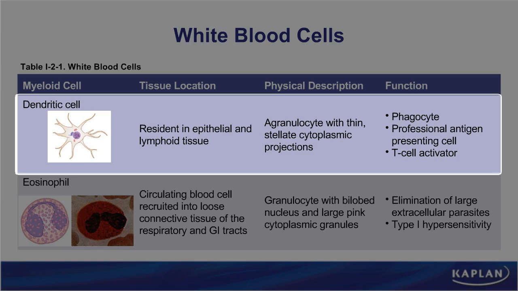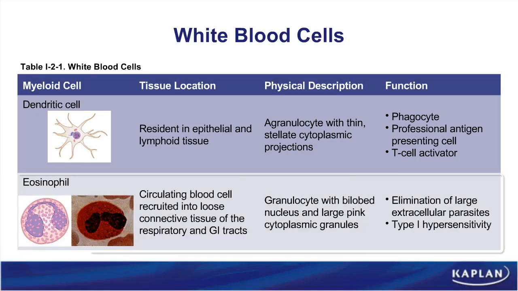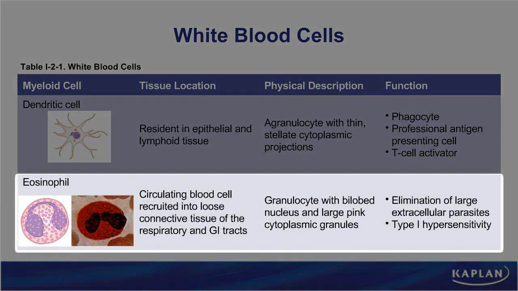But very similar to the macrophage, the dendritic cells play a significant role in initiation of an innate immune response. And moreover, the dendritic cell is the primary antigen-presenting cell that is going to be able to initiate the adaptive immune response. Our eosinophils, though, are going to be recognized on a blood smear.